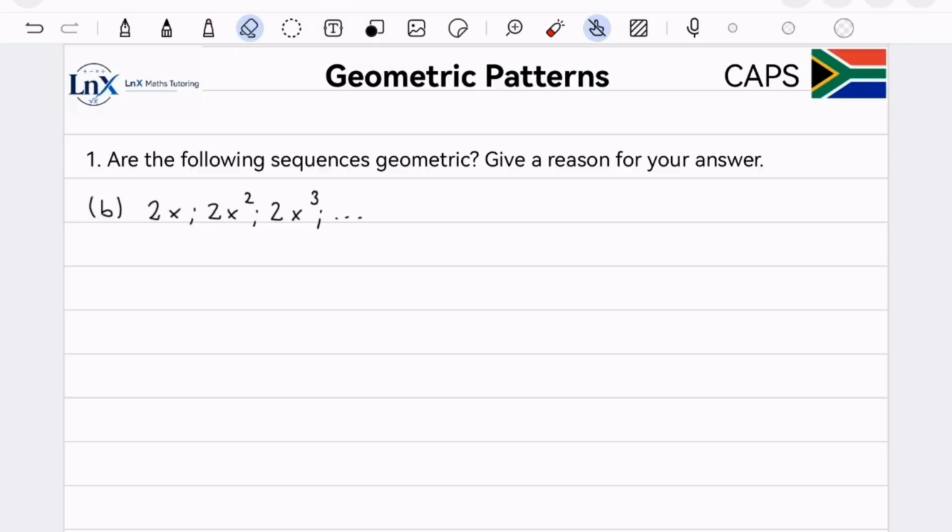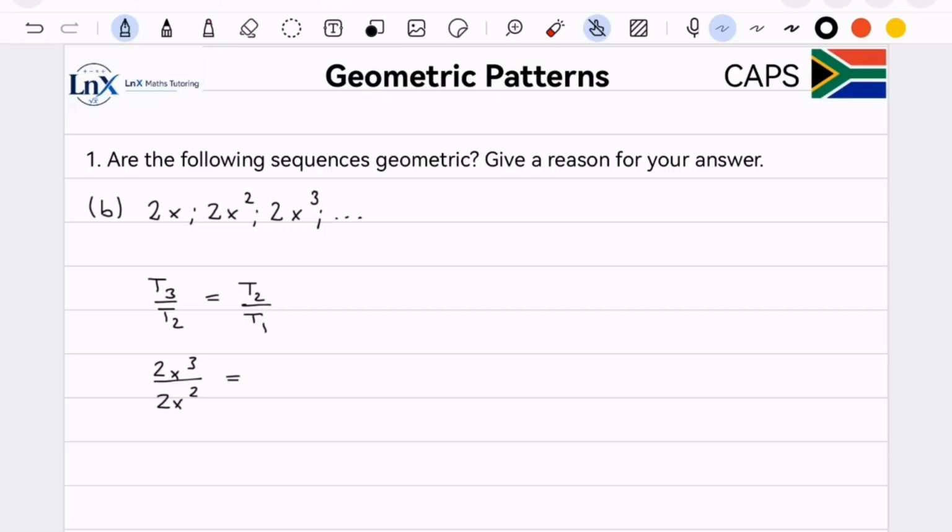So we're going to have T3 divided by T2 equals T2 divided by T1. The third term is 2x to the power of 3 divided by the second term, which is 2x squared.